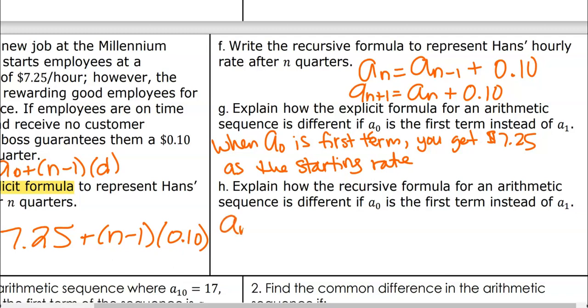Okay, essentially a n sub 1, when a sub 0 is first, is representing negative time.